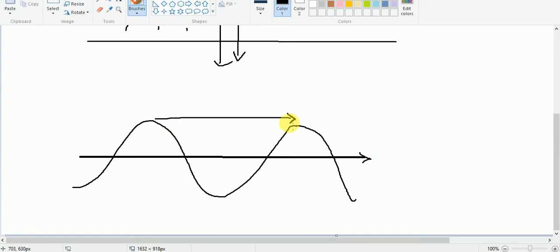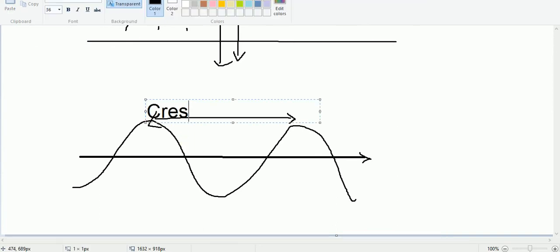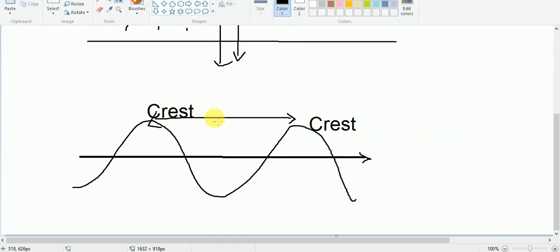The distance between the two crests is known as wavelength. This is a crest, and this is another crest, and here the distance between the two crests is known as wavelength.